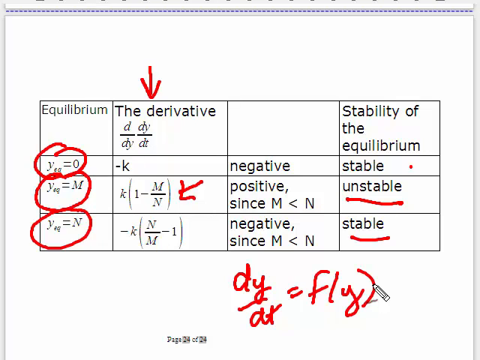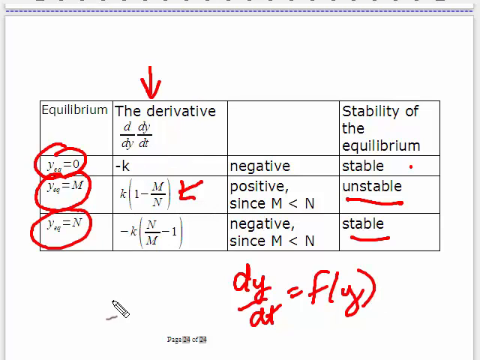Now the regions between and above and below the nullclines, or these equilibrium solutions, the flow is similar. If the tangent's up in one of those regions, all the tangents are up throughout that region. Or if the tangents are in the negative direction in a region, they're all negative in that region. There is no change in t as you go across it because it's autonomous.